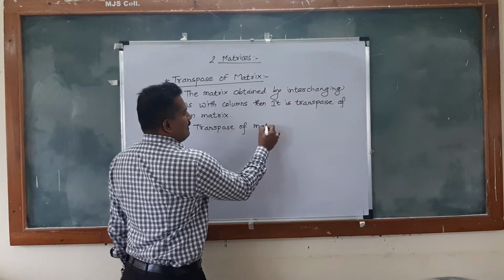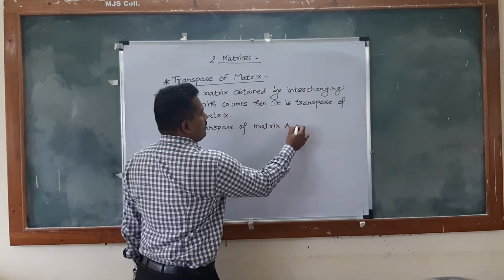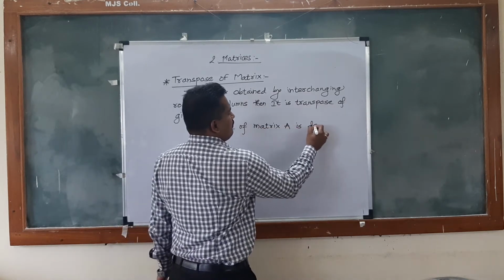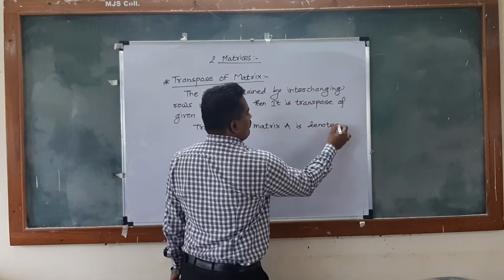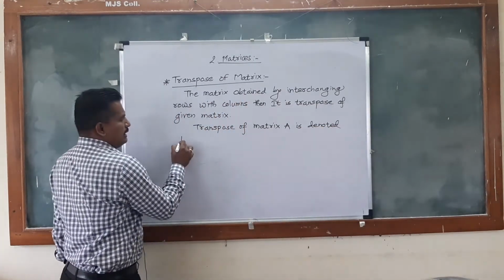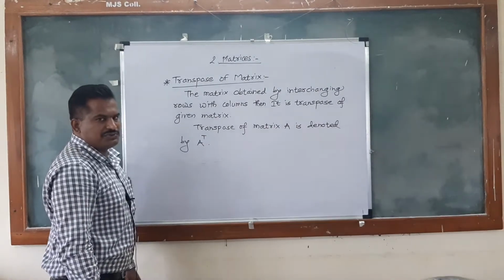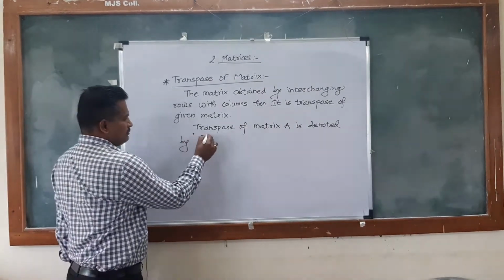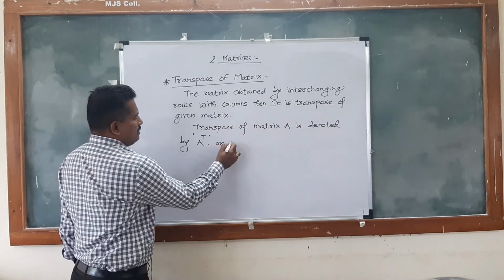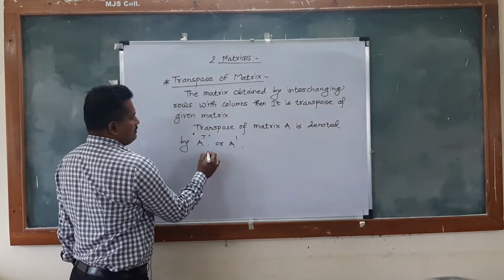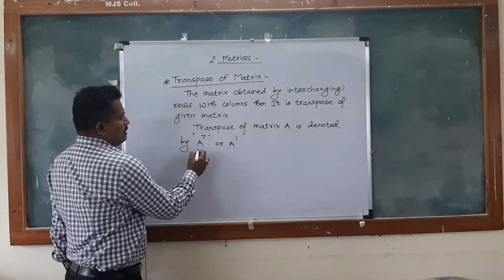The transpose of matrix A is denoted by A raised to T, or A dash.